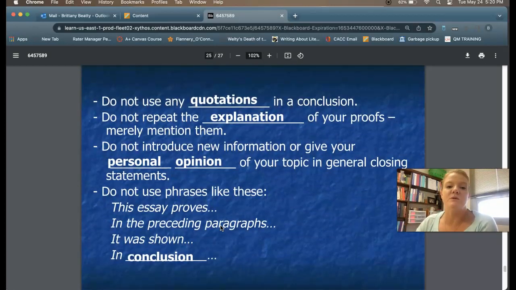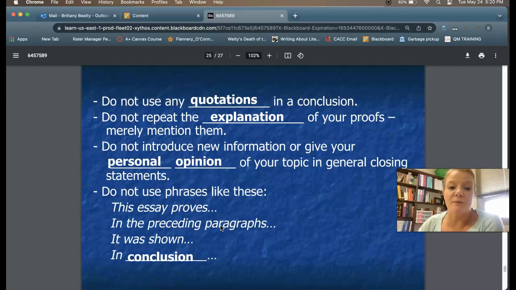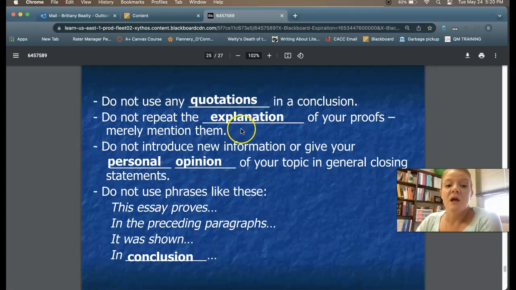A couple of things I want you to be very careful of in a conclusion paragraph. No specific evidence or quotation should ever be used in a conclusion. Don't repeat an explanation of something. You can mention them, but don't go into detail and repeat them. Don't introduce new ideas or your personal opinion.